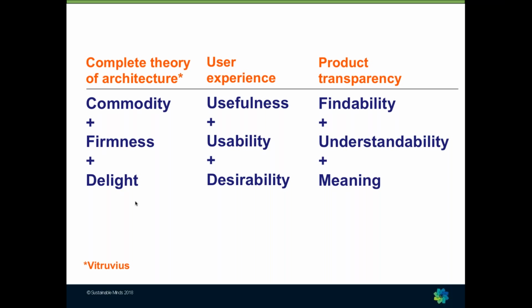And so the framework or the complete theory of product transparency that we've been operating on, kind of standing on the shoulders of the user experience definition, is that effective product transparency is the combination of findability, understandability, and meaning.